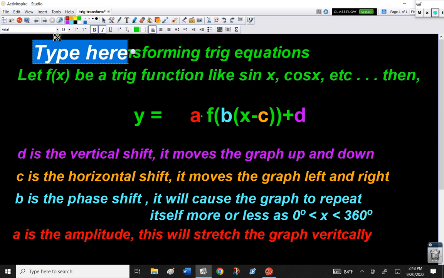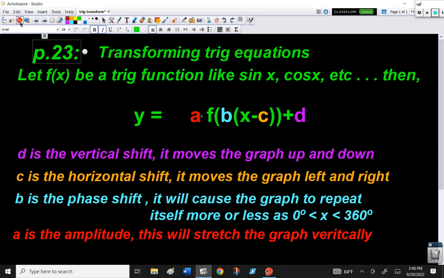So I'm going to put it right here. Page 23. Make sure you update your table of contents as well. All right, ladies and gentlemen, D is the vertical shift. It moves the graph up and down.